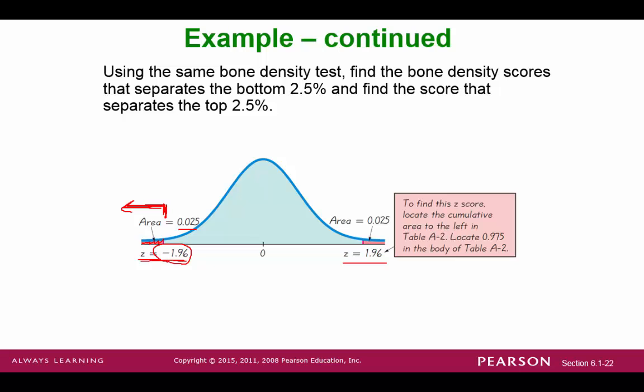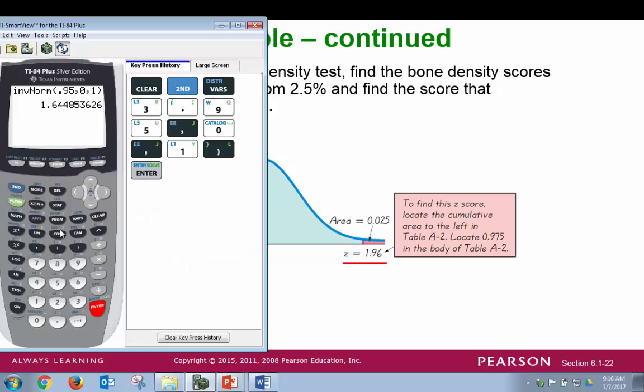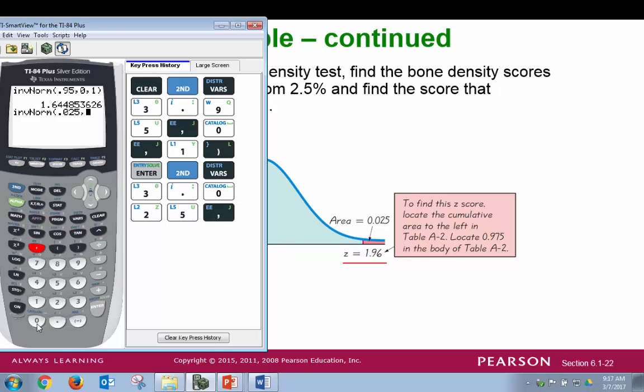So let's take out our calculators and find the inverse norm of 0.025. Second function vars, number 3, 0.025, comma the mean, comma the standard deviation, close parentheses, and hit enter.